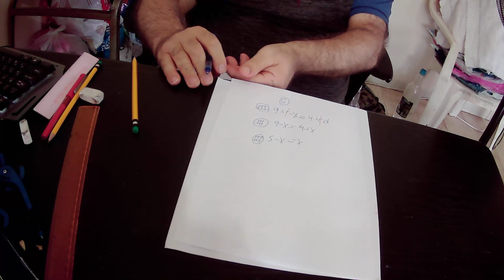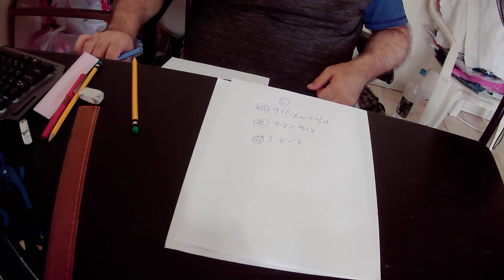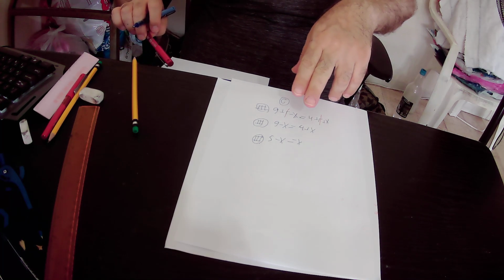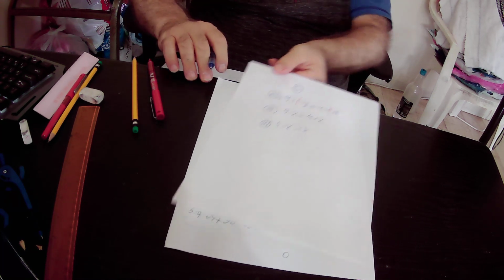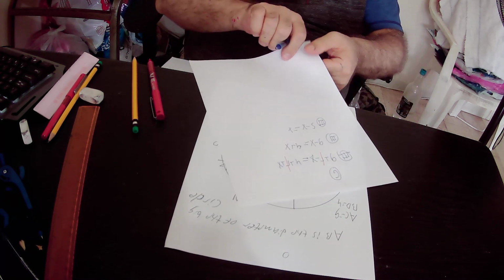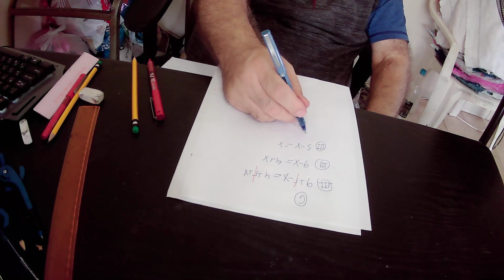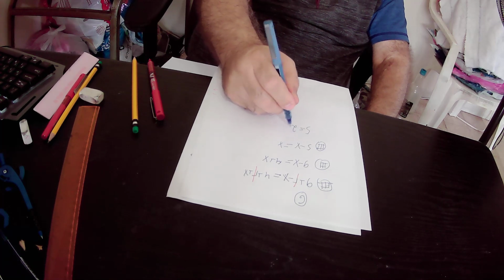Okay, 5 minus x equals x. Here we will add x to this equation, and we will get that 5 minus x plus x is 5, and x plus x is 2x.